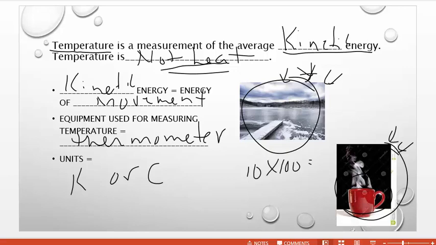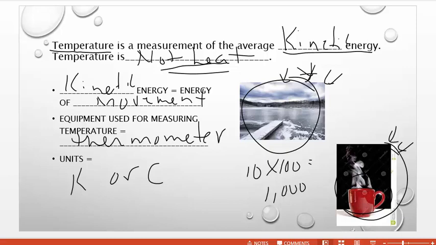So if I take the 10 molecules, and each of them averaged about 100 in terms of their kinetic energy, that's going to give me 1,000 energy units. Let's call that my heat units. I'm simplifying this because we'll be doing this in a different unit later, but I just wanted you to make sure you don't interchange the words temperature and heat to mean the same.